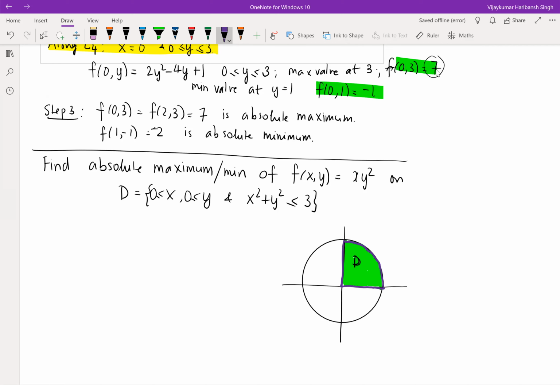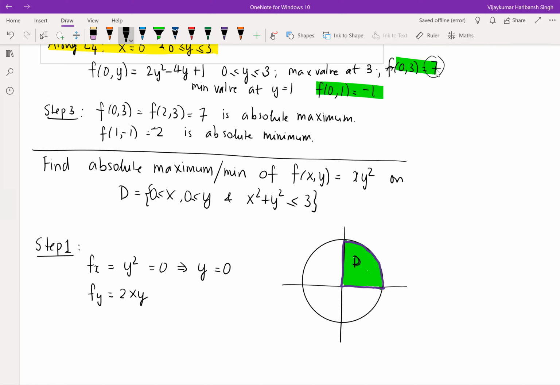So first, step 1 is to find the critical number and the value of the function at the critical point. So critical point first. So let's take fx equals y square and fy equals 2xy. So if x equals 0, this implies y equals 0.